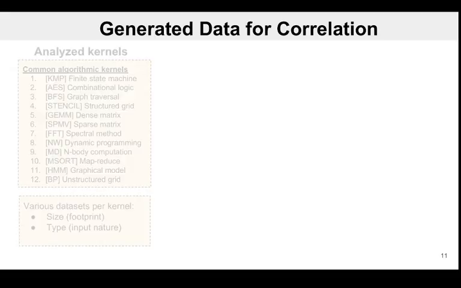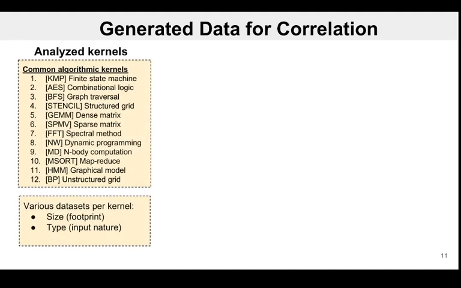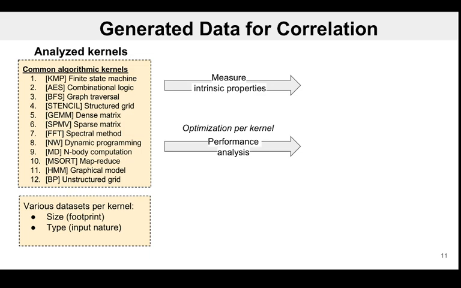The next step is correlation. The data generated for correlation takes kernels with diverse patterns, with various data sizes and types. We use diverse data sets per application because properties of an application can sometimes change for a different input. Then we measured intrinsic properties as discussed earlier, and we performed performance analysis on CPU, GPU, and FPGA.